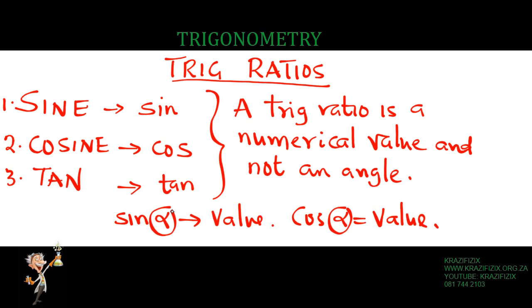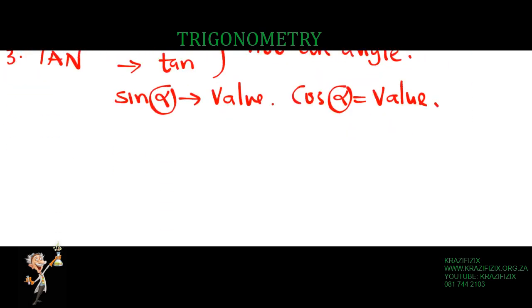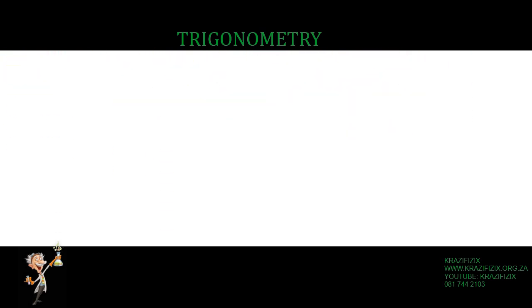How then do we define our trig ratios? What is the definition of our trig ratios? Alright, sine is defined as opposite over, you remember we've done the sides.